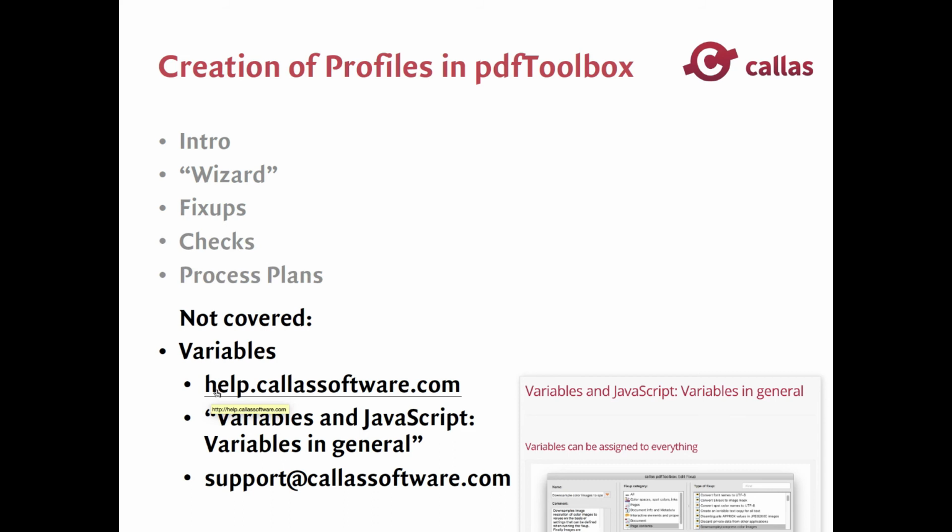The online documentation provides lots of information, amongst which you will find an article on variables and JavaScript, and variables in general, and that explains exactly what and for what you can use variables and how you would set them up.